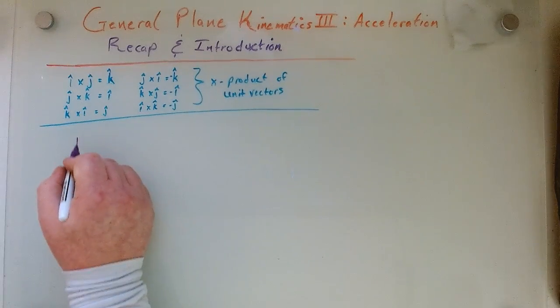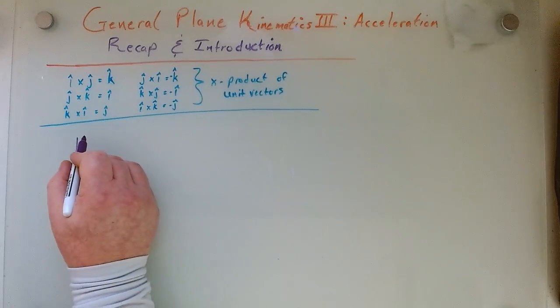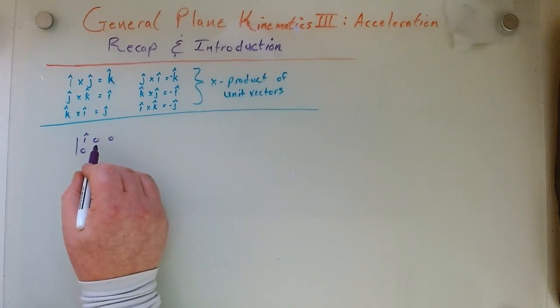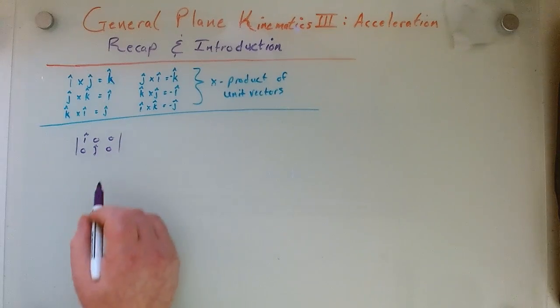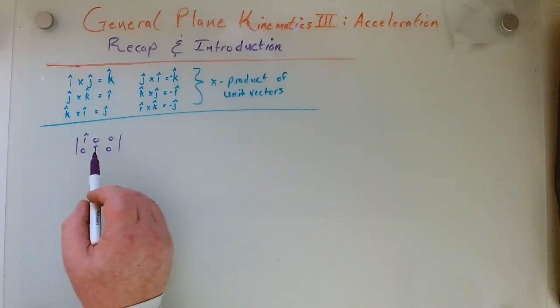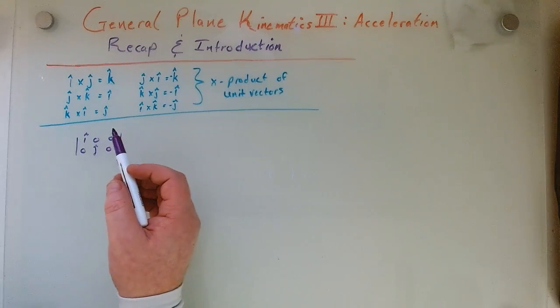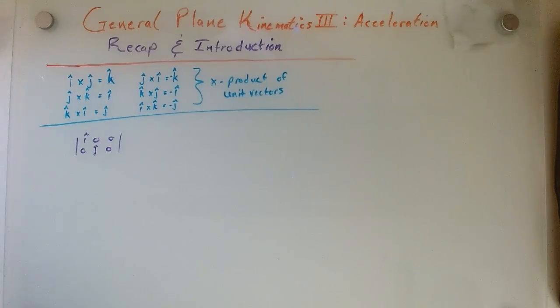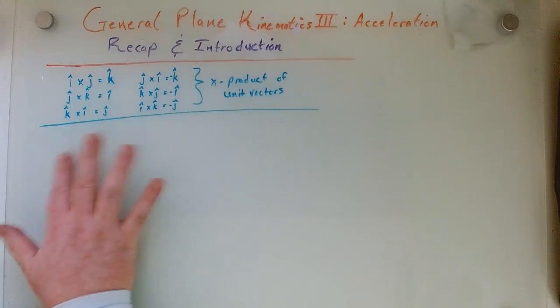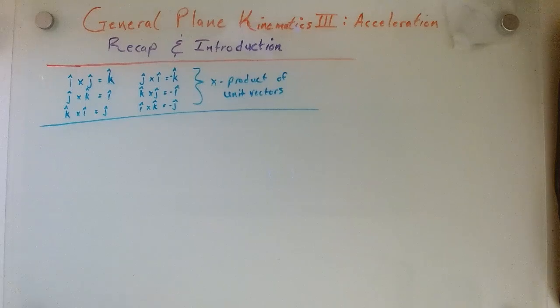As an example, if you had i and nothing else, and then j and nothing else, then i times j is in the k direction, and that would be 1, if you will, and then nothing else. Similarly, if you reverse that, then you would get the negative. So it's a very handy table for keeping track of partial cross products. I highly recommend that you make a copy of it.